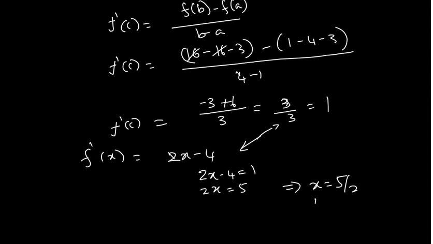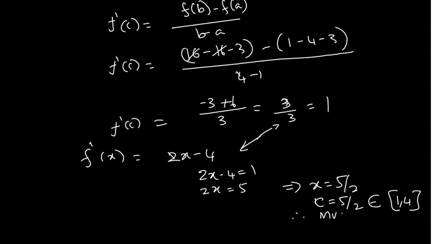So, fifth question. f of x is x cube minus 5x squared minus 3x. So a is 1 and b is 3.